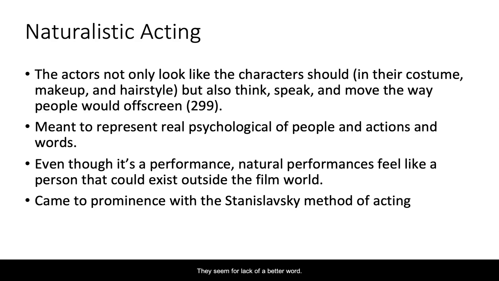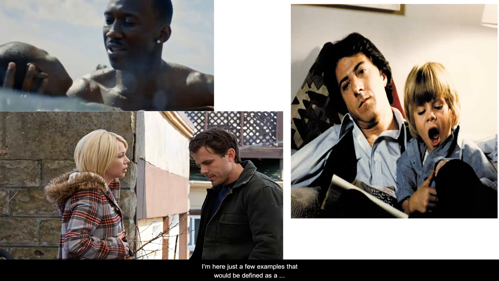They seem, for lack of a better word, like a normal person. This style and approach to acting came to prominence with the Stanislavski Method of acting. So here are just a few examples that we could define as naturalistic performances in movies. The movies Moonlight, Kramer versus Kramer, and Manchester by the Sea all have people trying to perform like real people would.